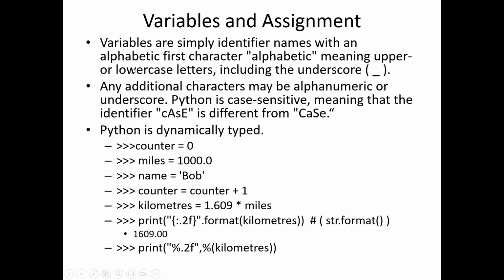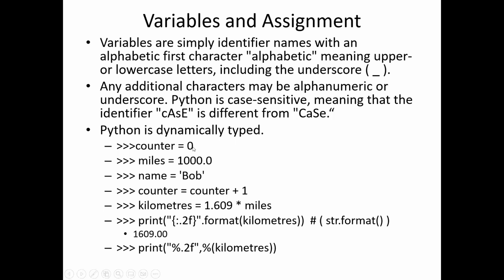Variables and assignments. Variables are simple identifier names with an alphabetic first character. Alphabetics means you can have uppercase letters and lowercase letters, and you can even include underscore. Any additional characters may be alphanumeric or underscore. You can include the underscores, alphanumerics, and alphabets in defining the variables.